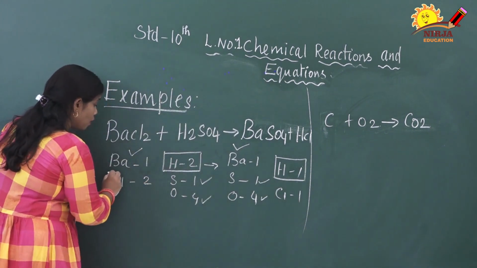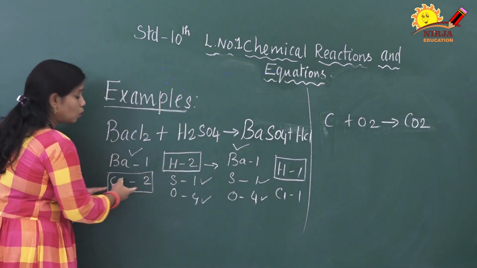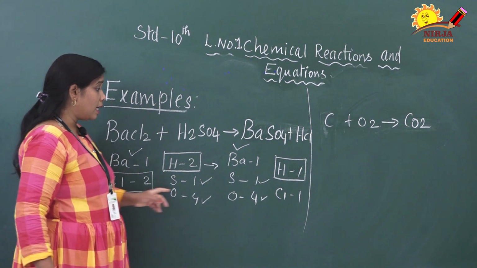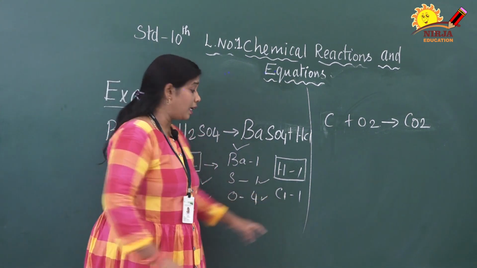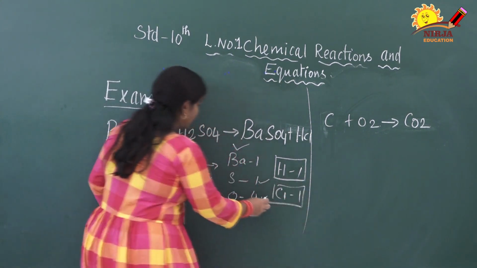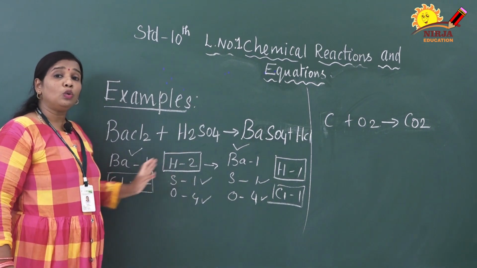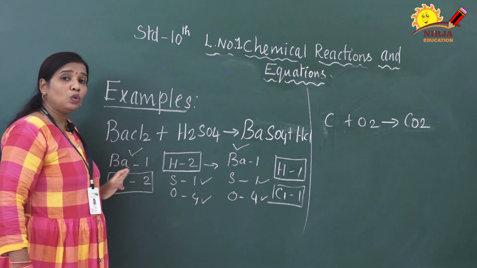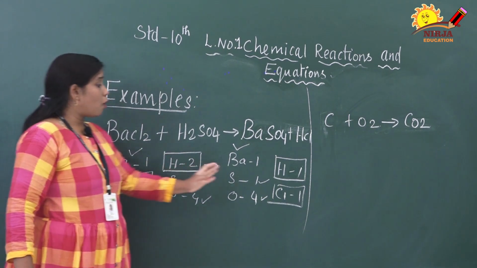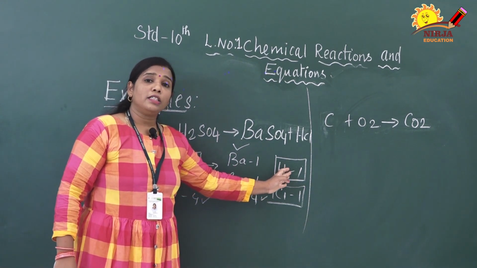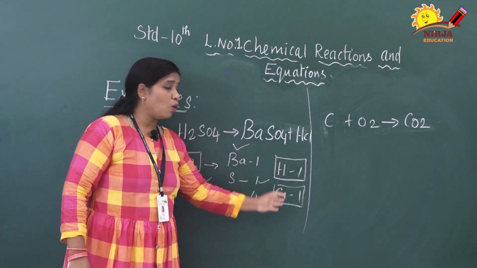At the same time chlorine also we have 2 in reactant side, but the product side we are getting 1. So this reactant side we have 2 of hydrogen, 2 of chlorine, but the product side is hydrogen also 1 and chlorine also 1.